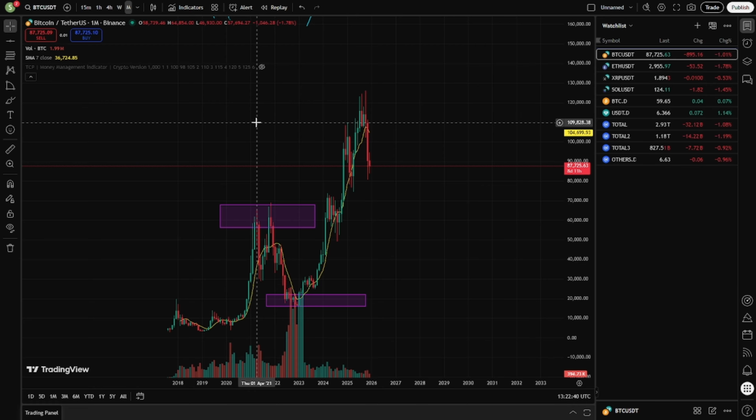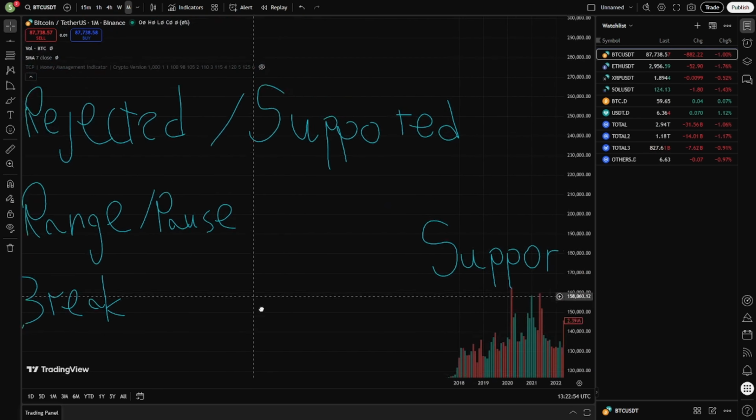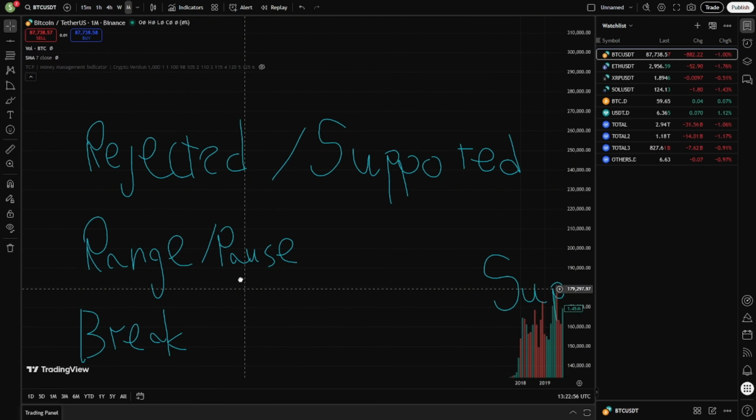But what happens when price comes to these zones and areas? There are three events that could happen when price comes close to these areas or zones. The first one is the price getting rejected or getting supported.